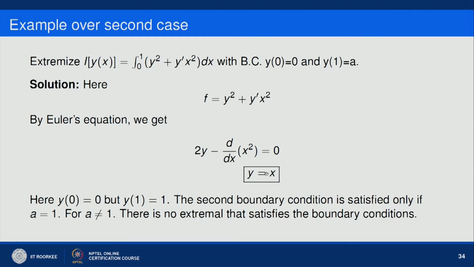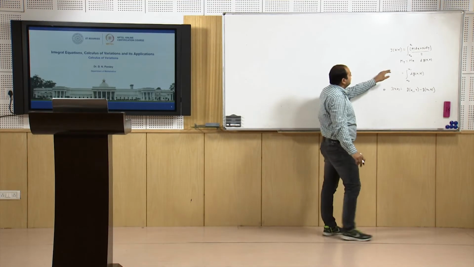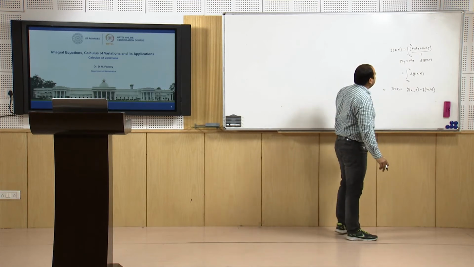Now let us consider the other example for which this Euler equation gives you an identity. So let me write it here. Here we want to consider the case when it is identically equal to 0.